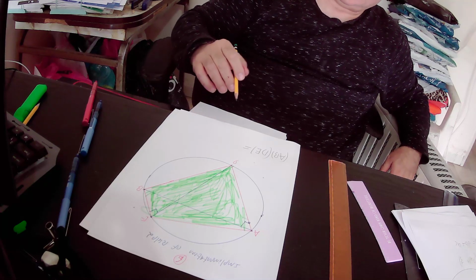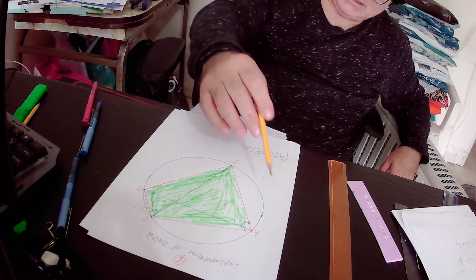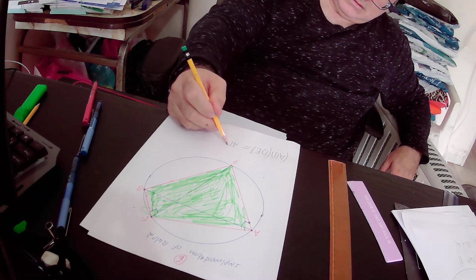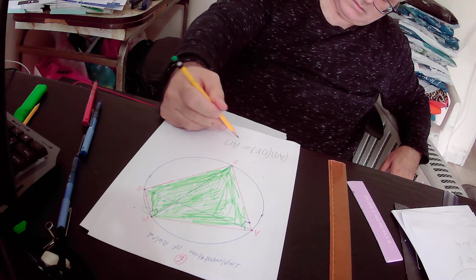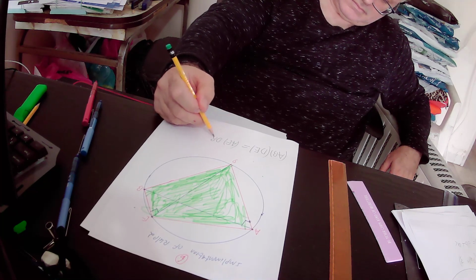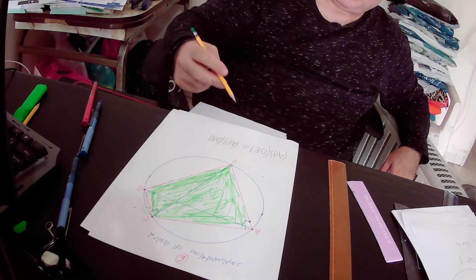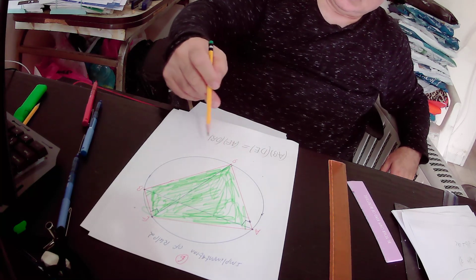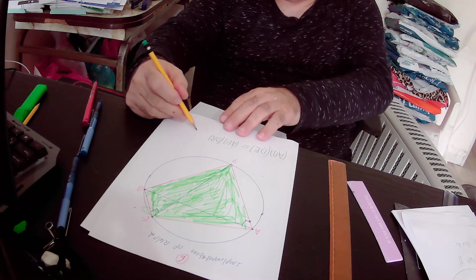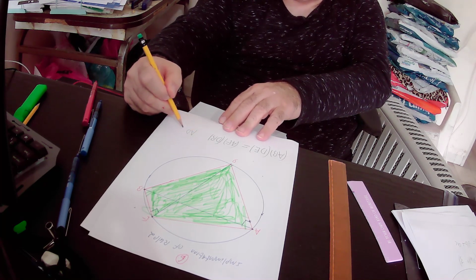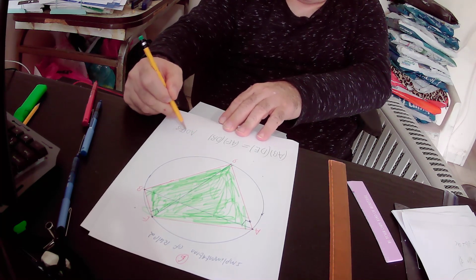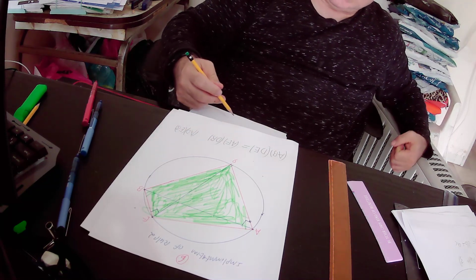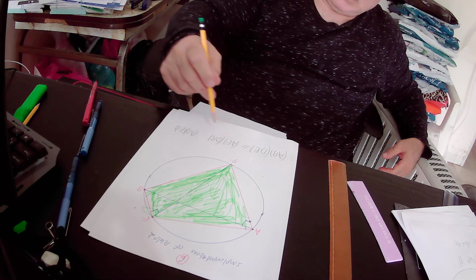So the first product of the opposite sides is AE times DB, and the second product of the opposite sides is AD times EB, and the sum of the products of the opposite sides is product 1 plus product 2.